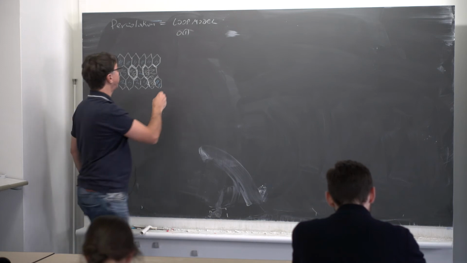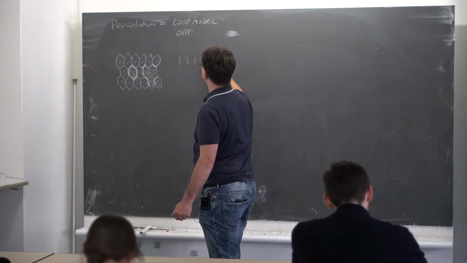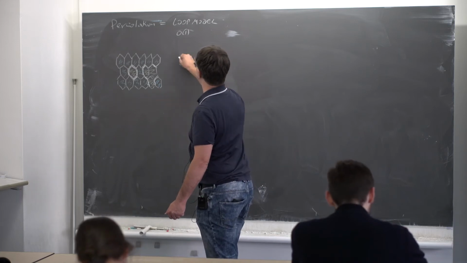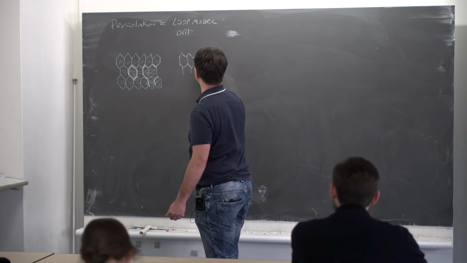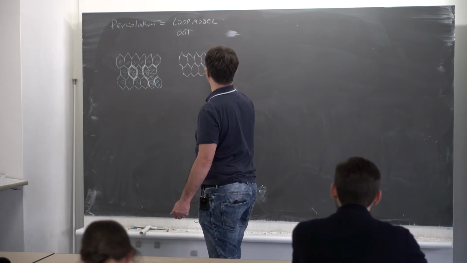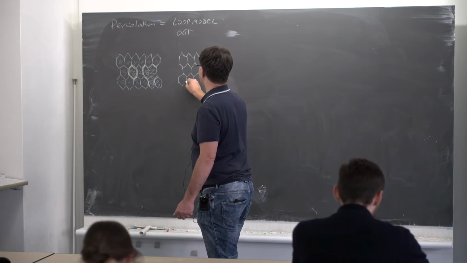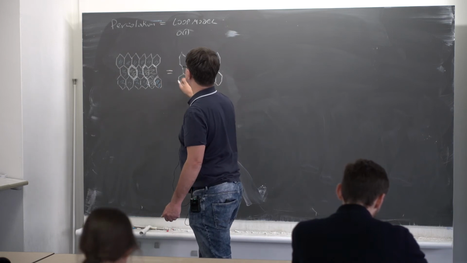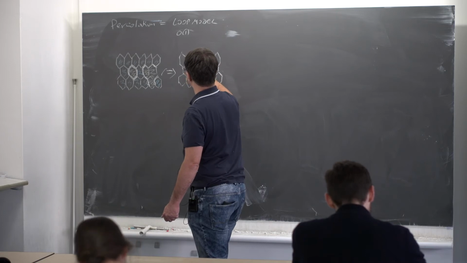And what you can do, you can forget about the colors. So you can do this picture, the very same picture, but you forget about the colors, you just draw these interfaces or domain walls as they're often called in physics. So you will get, in this particular case, this picture.